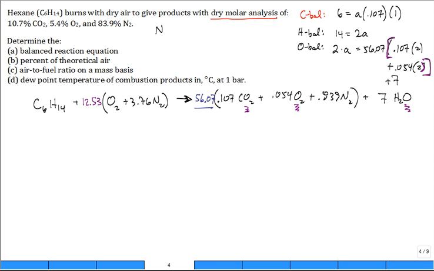Last balance, do a nitrogen balance. Let me just put it up here. We have 12.53 times 3.76 times 2. Is that equal to 56.07 times 0.839 times 2. And the answer is close enough.